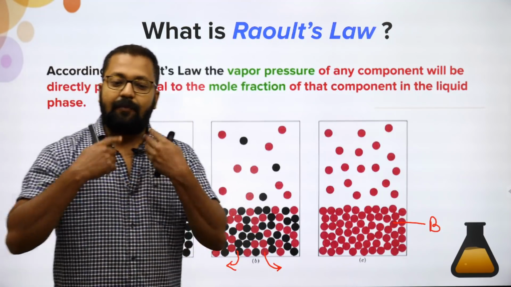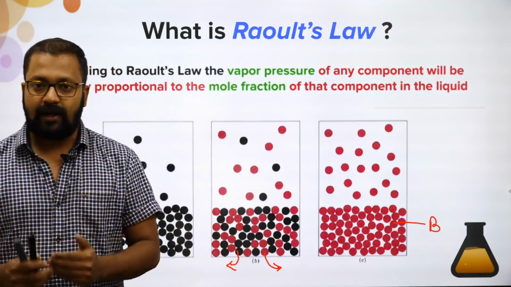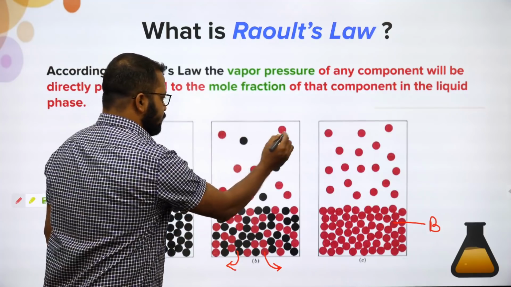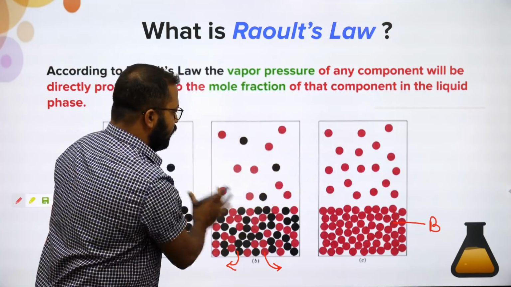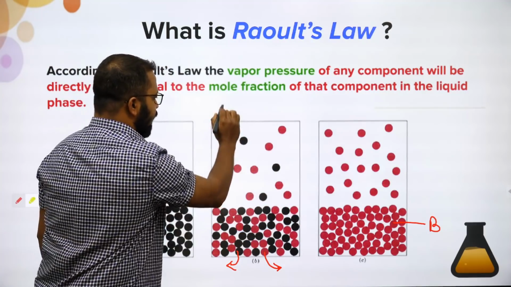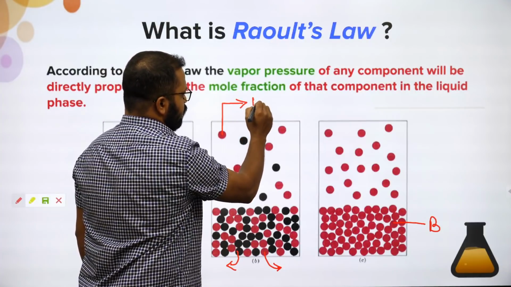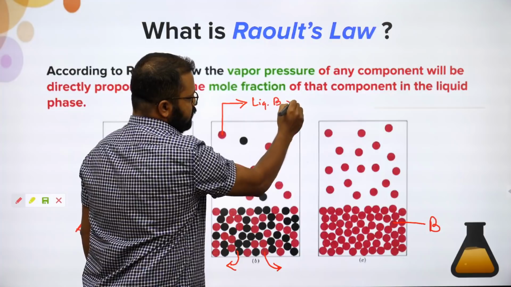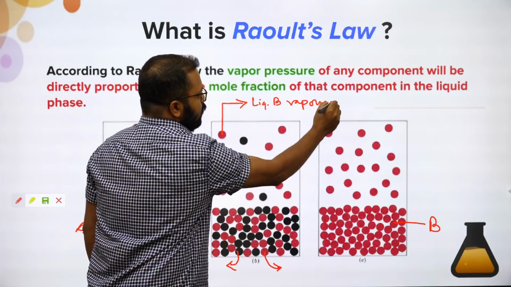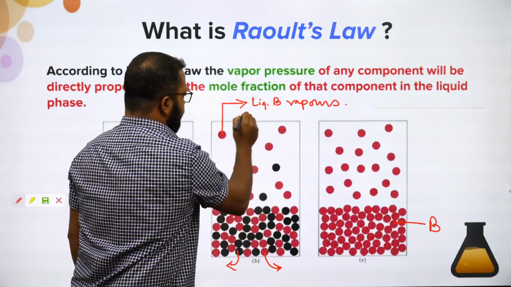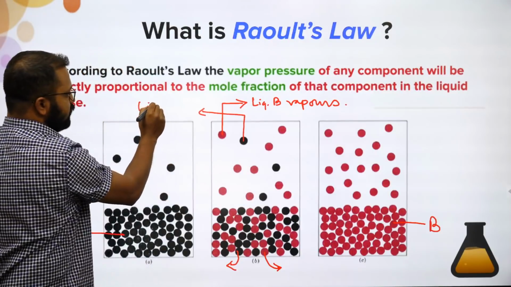Now when they will evaporate, then in the vapor region we would have some molecules of liquid B, so liquid B vapors. Also we would have liquid A vapors.